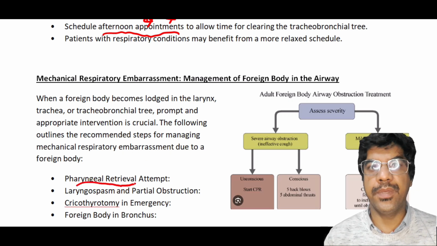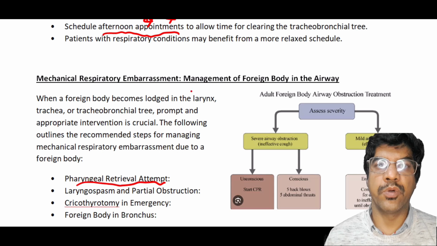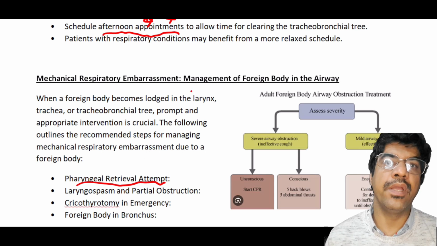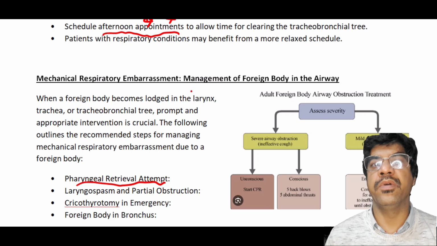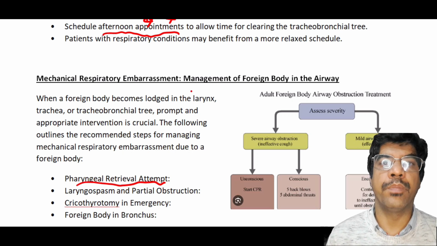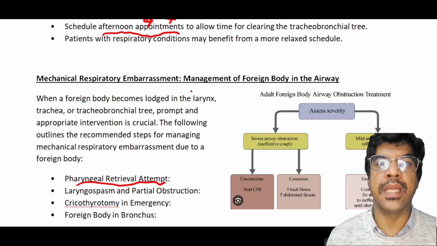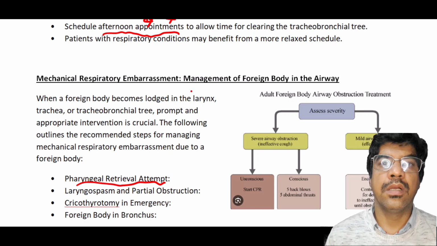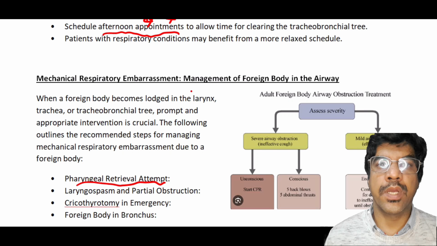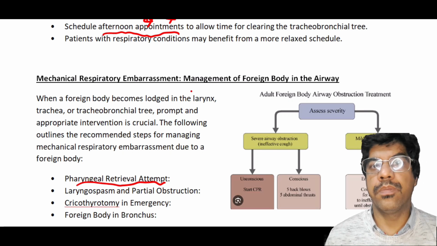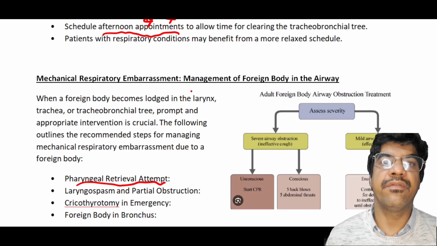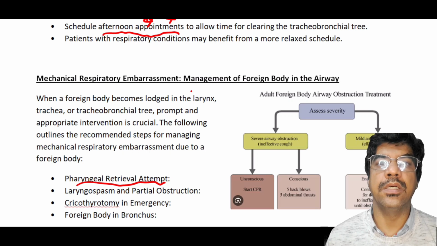Pharyngeal retrieval: attempt to relieve the foreign body while it is still in the pharynx. Instruct the patient to hold the mouth open and refrain from swallowing or taking a deep breath. You can use a long curved Kelly forceps, or induce the patient to cough forcefully, which may expel the object.